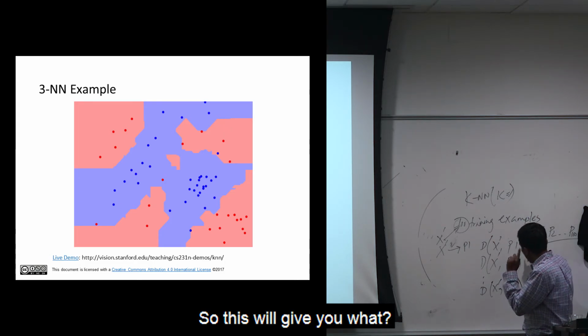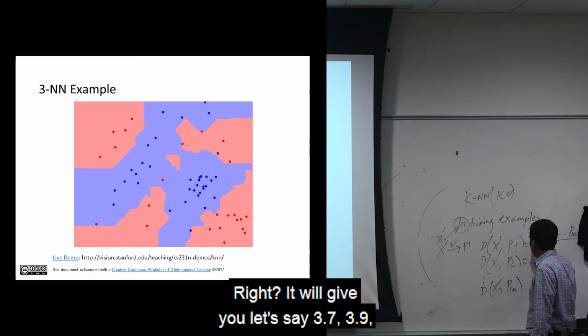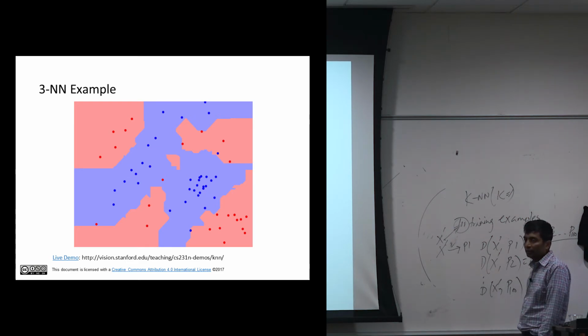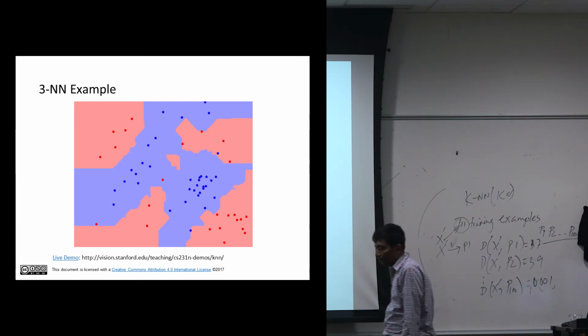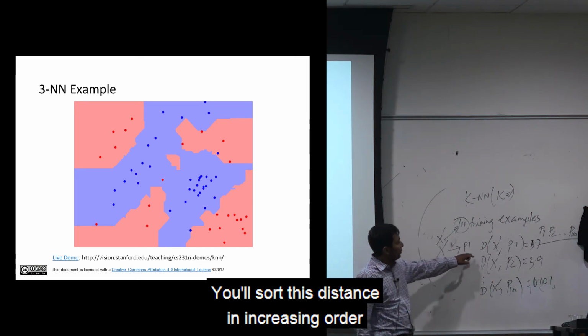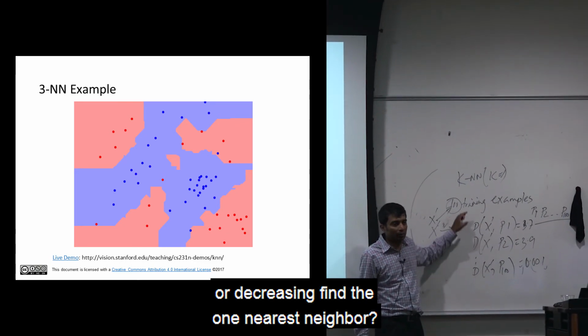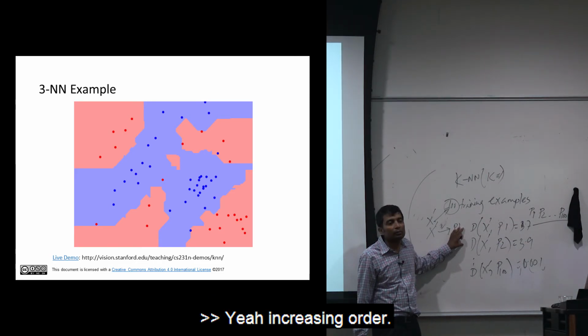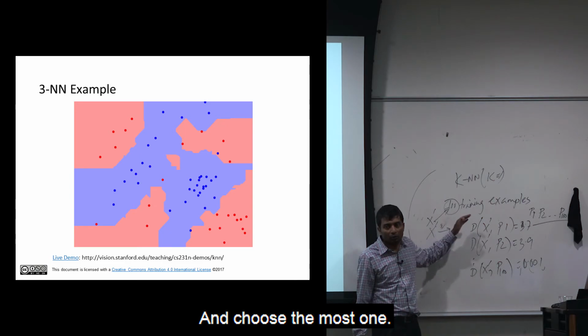This will give you a number, right? Let's say 3.7, 3.9, maybe 0.0001, something like this. And then what will you do? You will sort these distances in increasing order and find the one nearest neighbor. Yes, increasing order, and choose the topmost one.